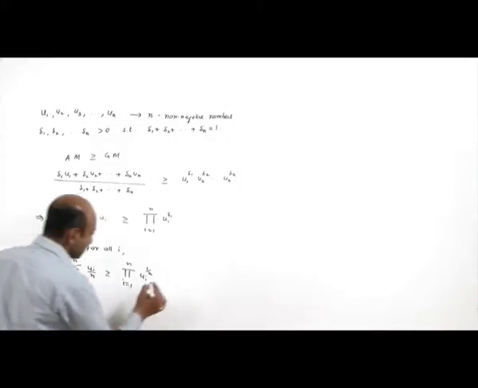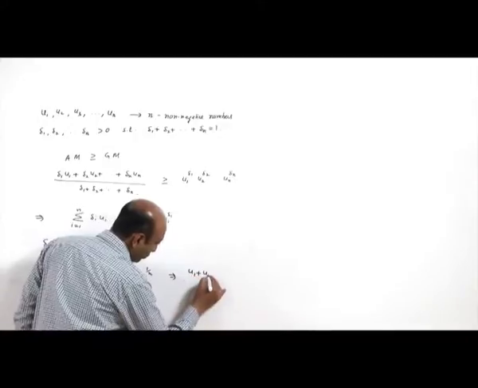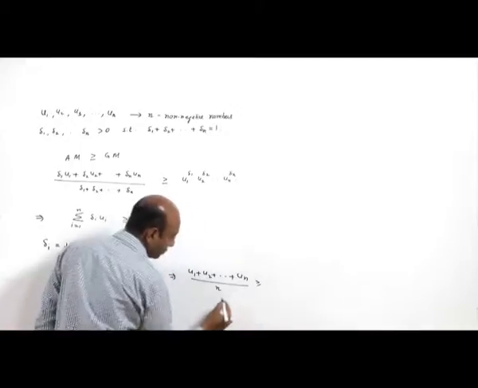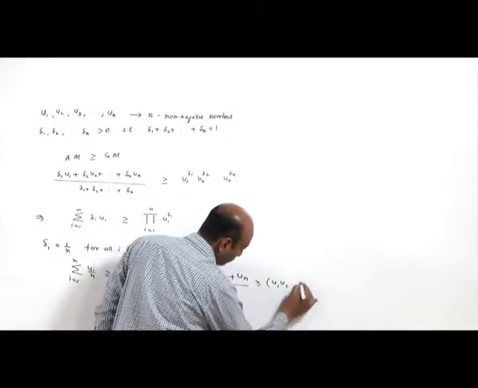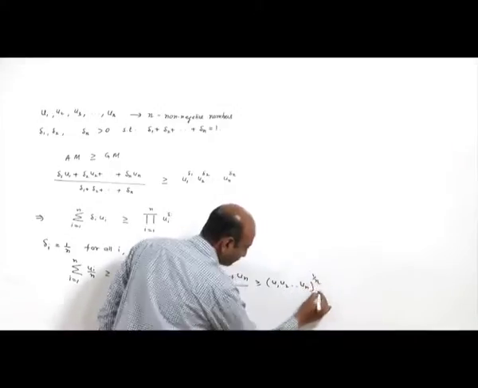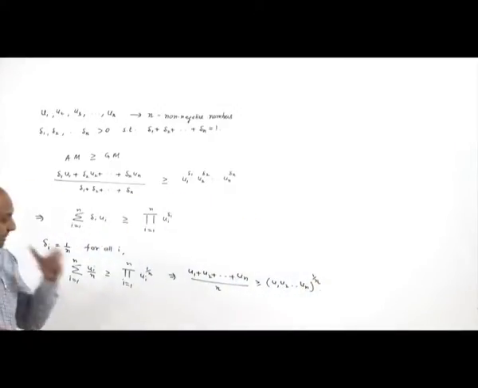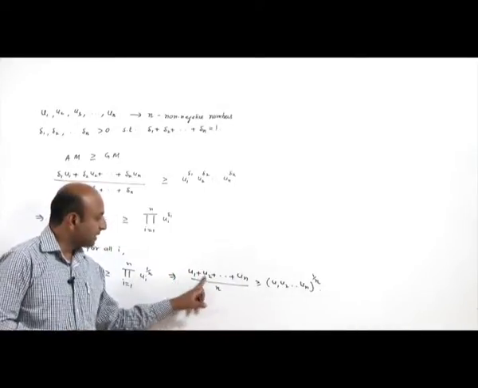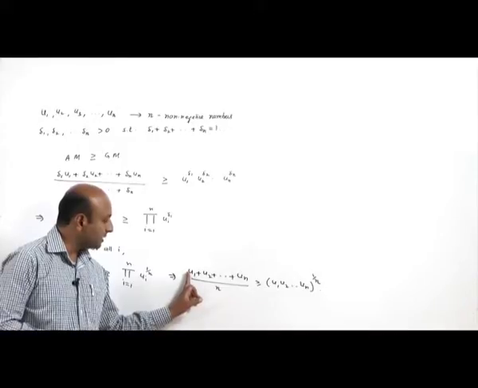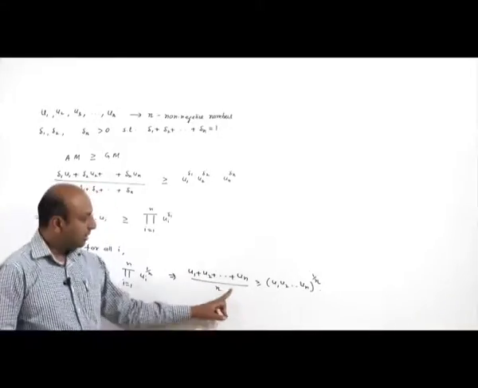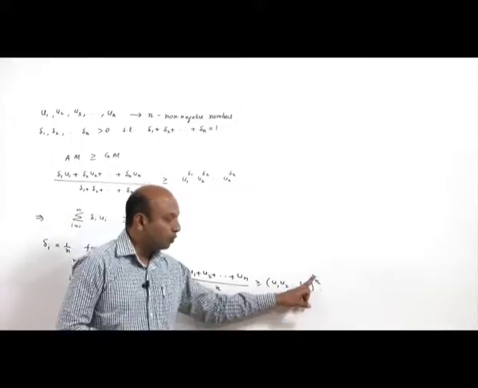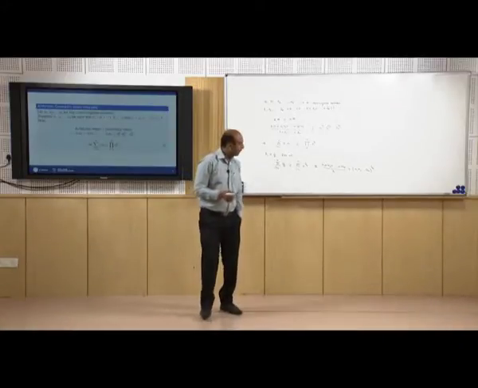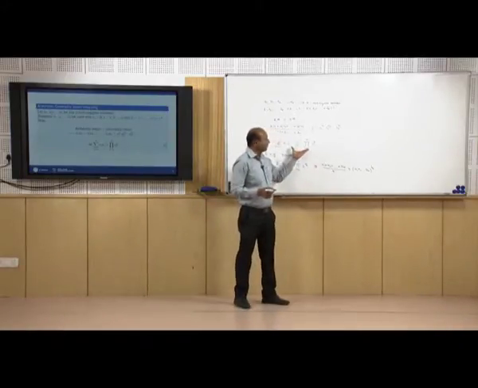This is simply u1 plus u2 and so on up to un, whole divided by n, greater than or equal to u1 u2 up to un whole raised to power 1 by n. That is the arithmetic mean of these numbers, the sum divided by n since there are n numbers, greater than or equal to the geometric mean of n non-negative numbers. So this inequality we can easily obtain from the earlier inequality.